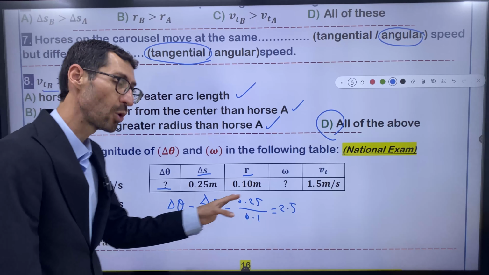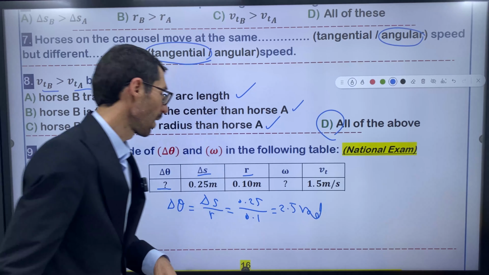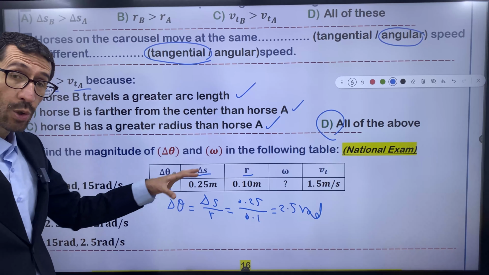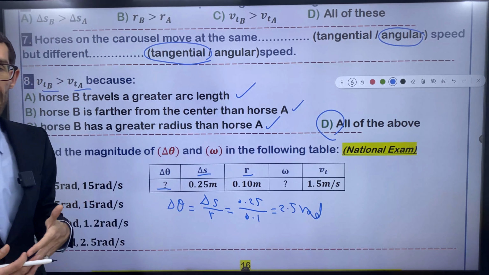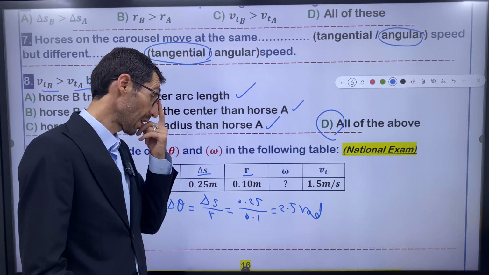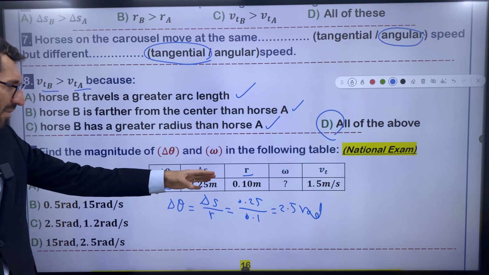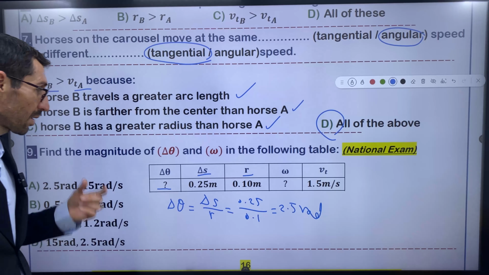That's why the answer will be 2.5 rad, right? To make sure your answer is true, use a calculator, because a calculator is allowed in the national exam, no problem. But right now I don't have any calculator. It's a simple calculation, so it doesn't need one.